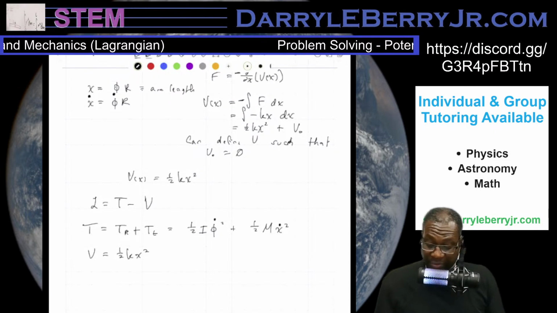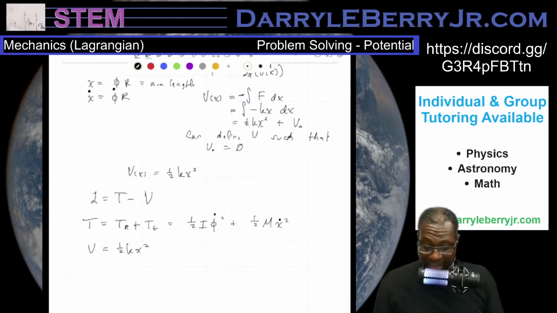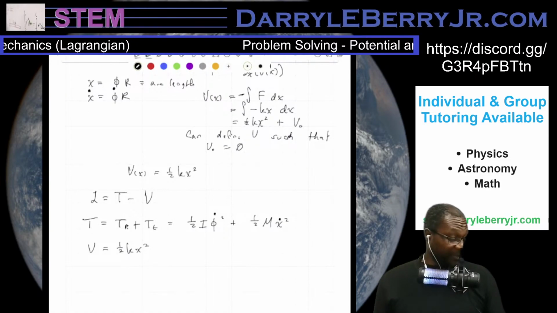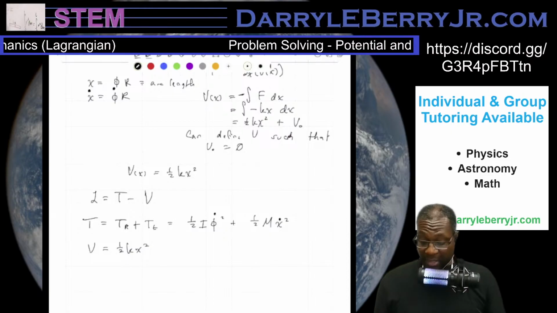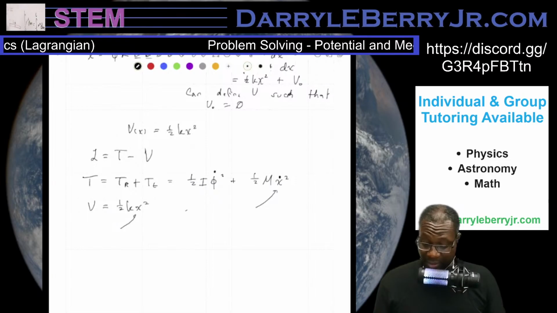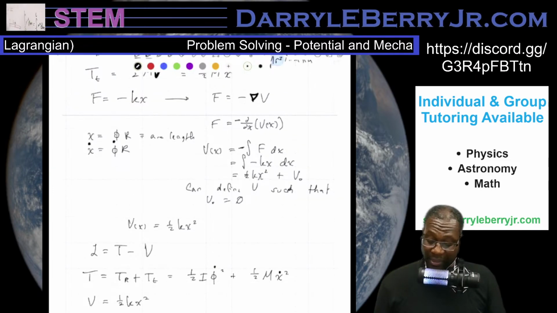I can use this constraint to eliminate one of my variables. I could either eliminate x or I can eliminate phi. My professor chose to eliminate x. So that'll simplify my Lagrangian. I don't have to do a Lagrangian with two variables.